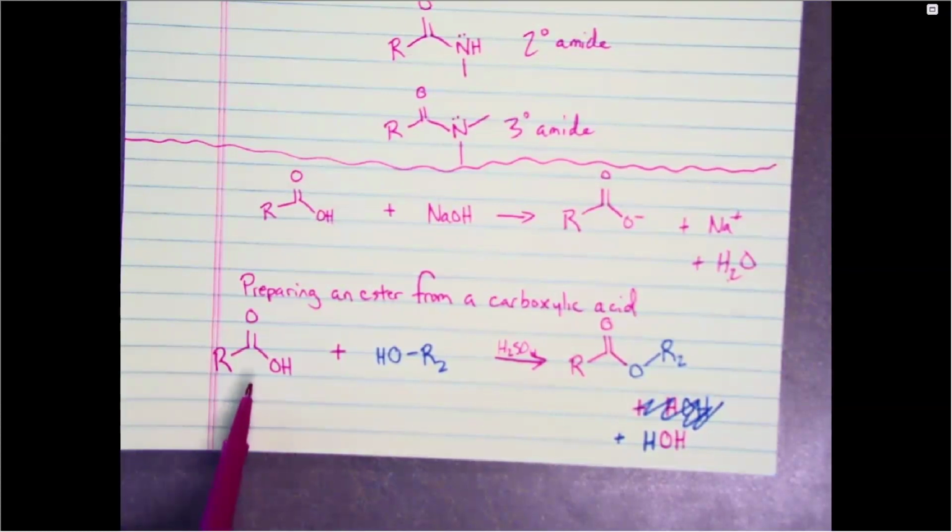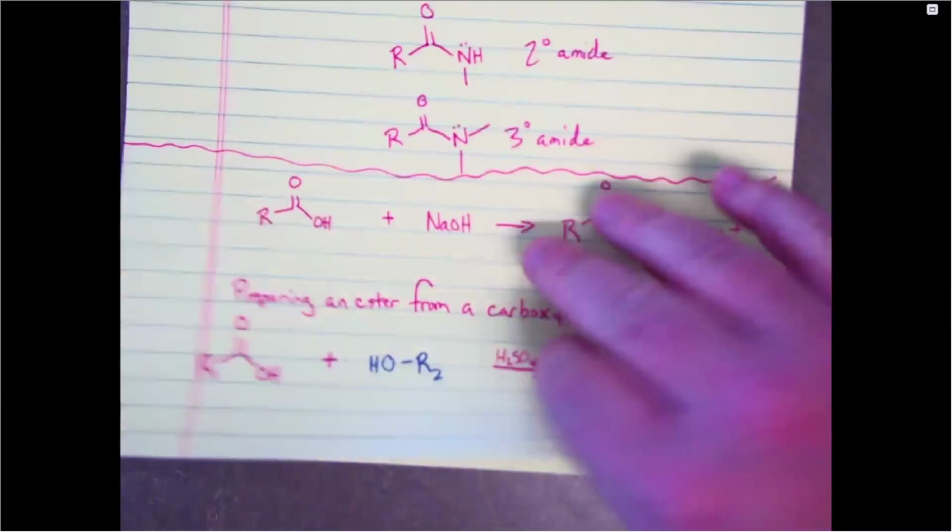When we start with a carboxylic acid, we only end up using one of those alcohols to combine with it to make the ester. When we're starting with an aldehyde or ketone, we have to use two of those alcohols to end up with our acetal. So make sure that you can identify the difference between those reactions because the reagents themselves are identical. In both cases, we're treating with some sort of alcohol and an acid.